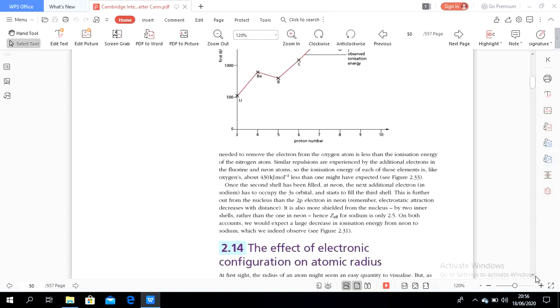Now in oxygen, oxygen has 8 electrons. Same arrangement: 1s2, 2s2, and then 2p4. Remember, 2p4. It means there is one p orbital that has 2 electrons, and the other 2 orbitals are only half filled.